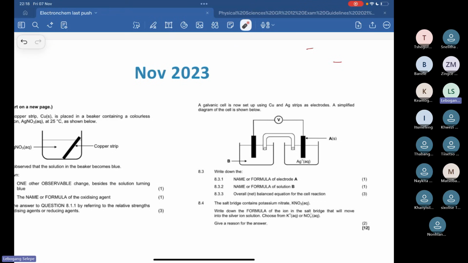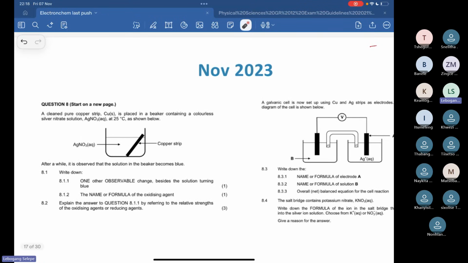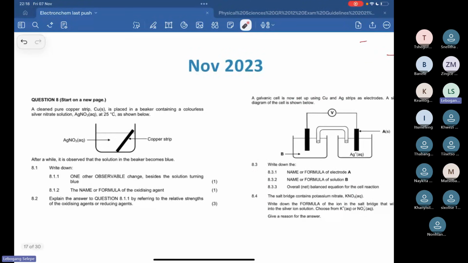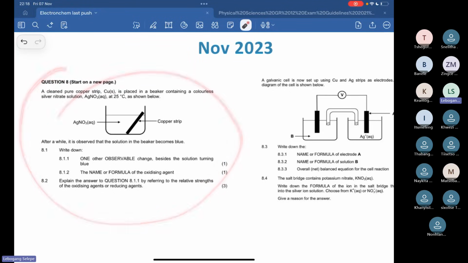My only concern is that, I know the galvanic cell itself is much easier, but please make it a point that you practice this and are able to explain it, because there are a lot of free marks here, right? But let's take a look at it.